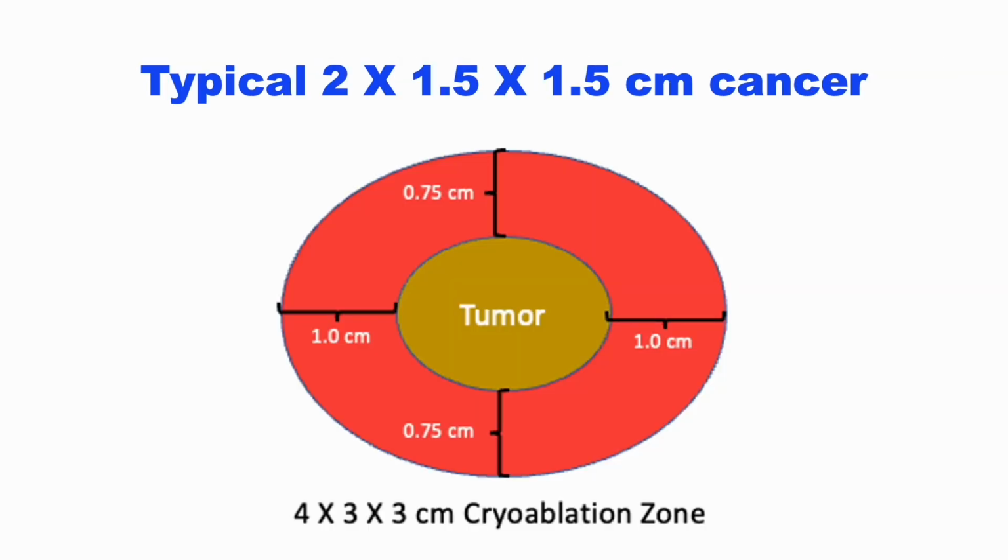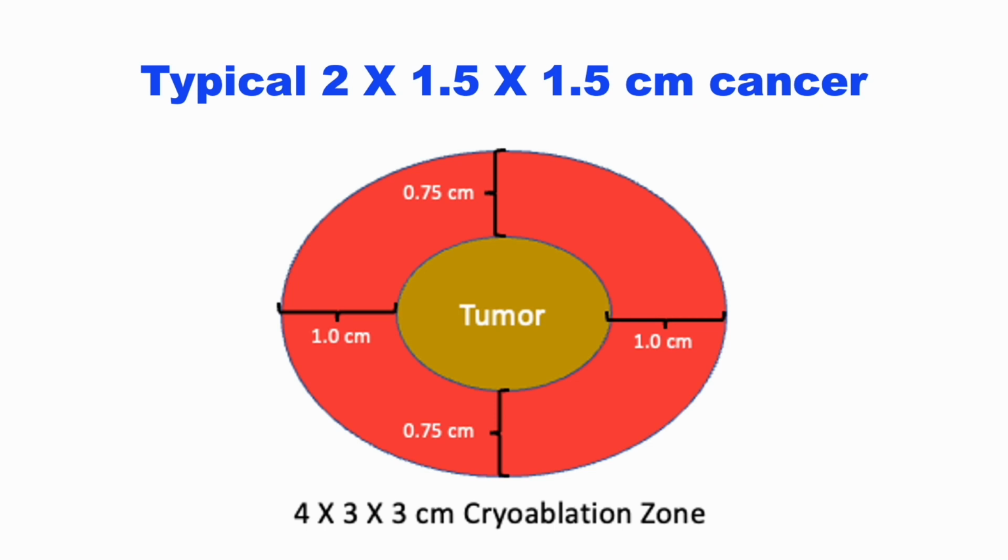Modern technology for office-based tumor cryoablation is optimized for treatment of a single tumor less than or equal to 2 centimeters, which can easily be achieved with a single cryoablation zone of necrosis measuring 4 by 3 by 3 centimeters, shown here in red, which requires a zone of injury or an ice ball volume of at least 5 by 4 by 4 centimeters.